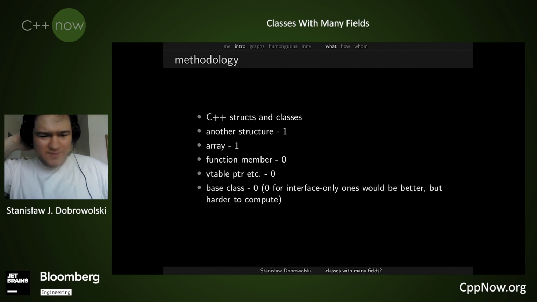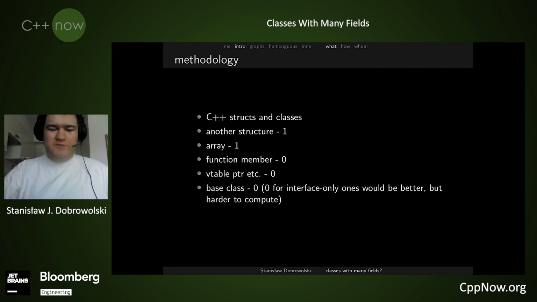We had a base class. We didn't exactly know what to do about those, so we decided to go with 0, because otherwise the results were funky and distinguishing interfaces was too hard to do in the timeline.